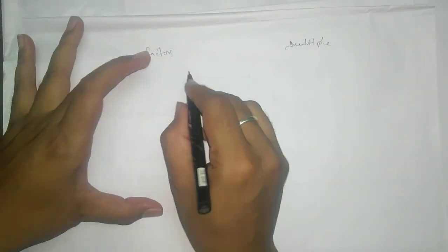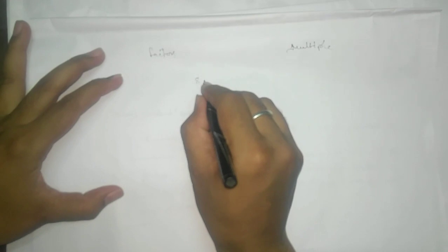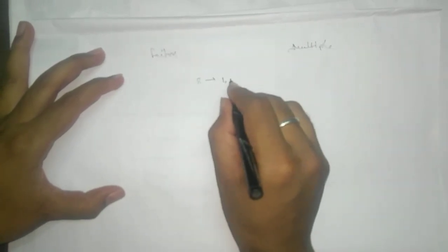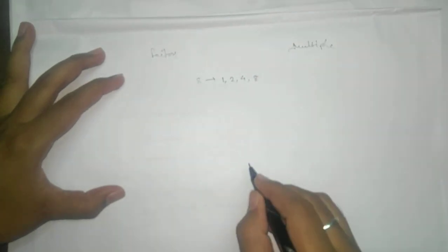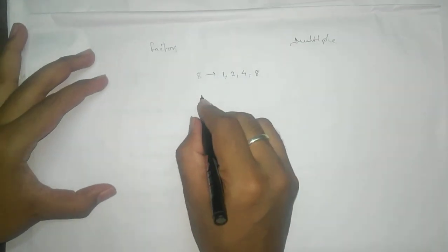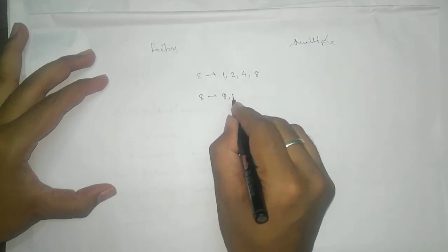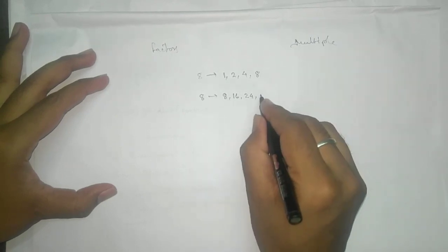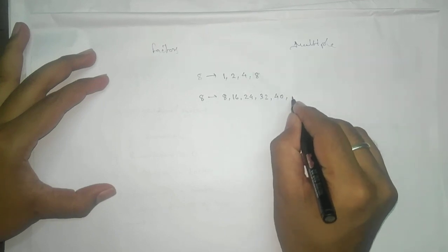Let's take the example of 8. Factors of 8 are 1, 2, 4, 8. And here the multiples of 8 are 8, 16, 24, 32, 40, and it will continue.